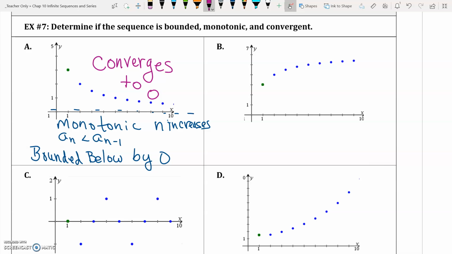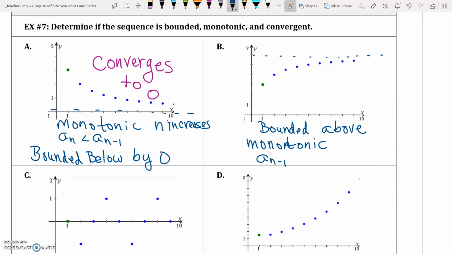Next, we have kind of the opposite here. This time, what we have is a limiting value on the top. So this sequence is bounded above. We can also say that it's monotonic because each previous a_n is less than the one after it.